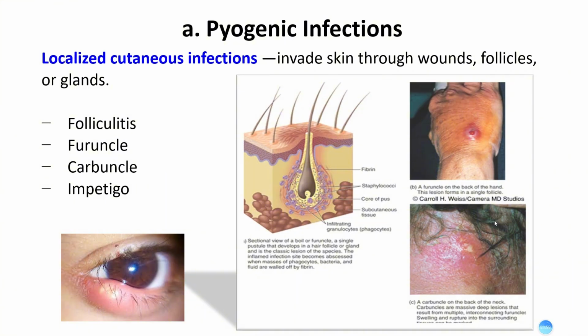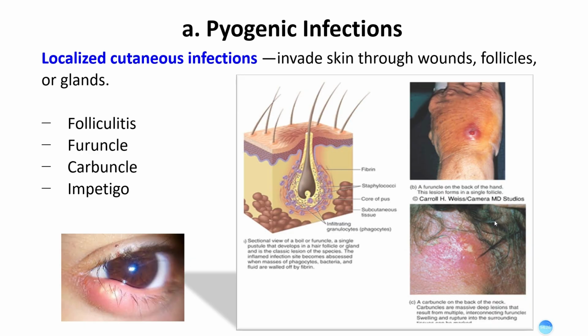For example, like this one. That's due to Staphylococcus infection, or the follicle infection, like this on the skull, or this one. This is a gland, okay? There's a gland underneath the eye, and the bacteria get into it and set up local infection.